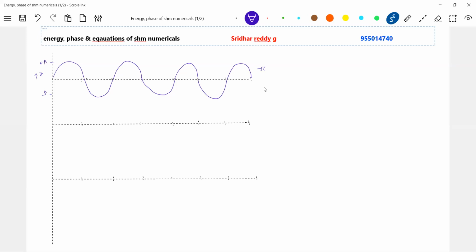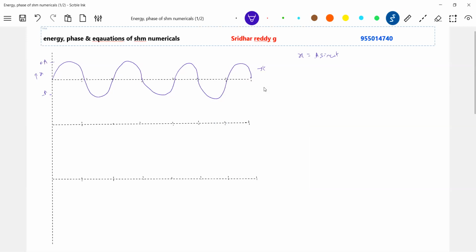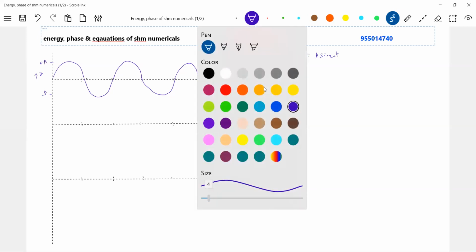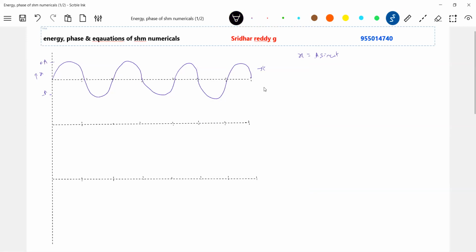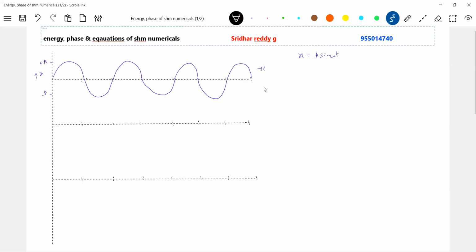So what is the equation? What do we have? x equal to a sine omega t.